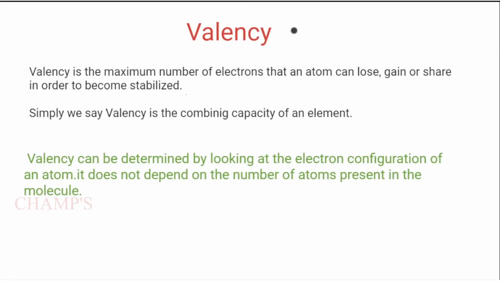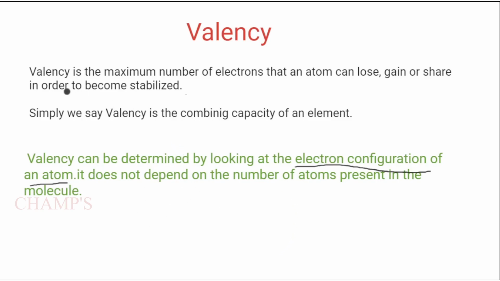Now, let's see what is valency. When we talk about valency, it has nothing to do with the number of atoms present in the molecule, like your atomicity does. Atomicity purely depends upon how many atoms are present in the molecule. But valency depends purely on the electronic configuration of the atom, that is, how many electrons are present in the shells of that atom.